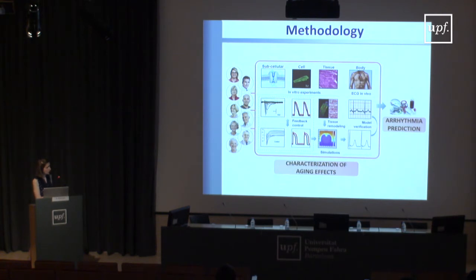We do some evaluations on these signals and compare with the ECG signals recorded from the same patients from which we acquire all this data. So with this whole framework, we plan to characterize the effects of aging, and then eventually use them to predict arrhythmia.